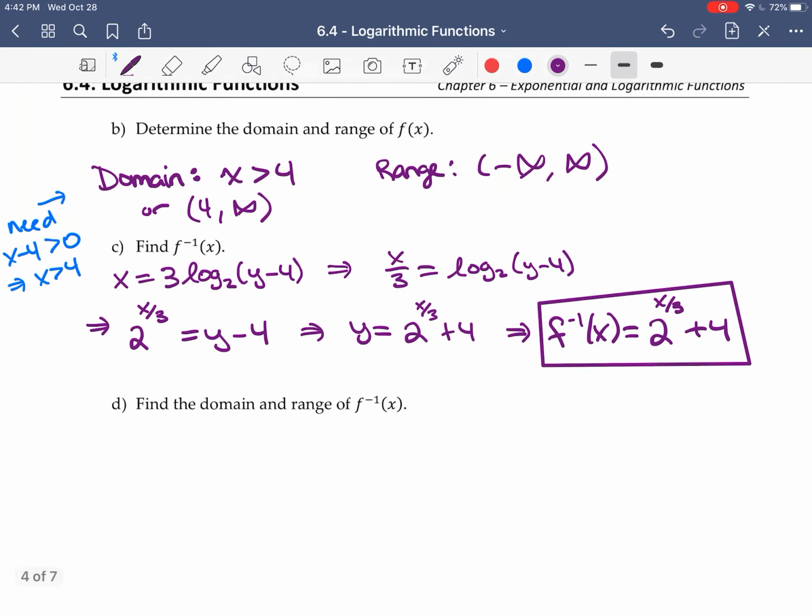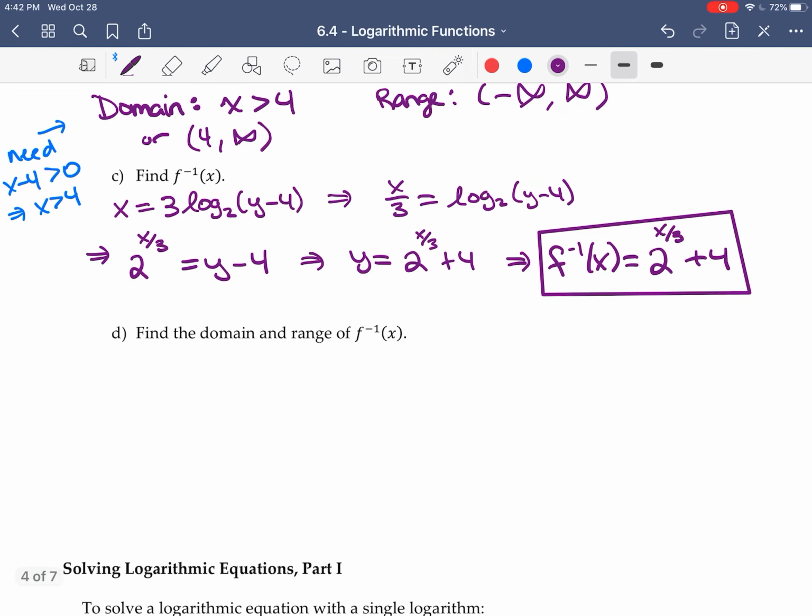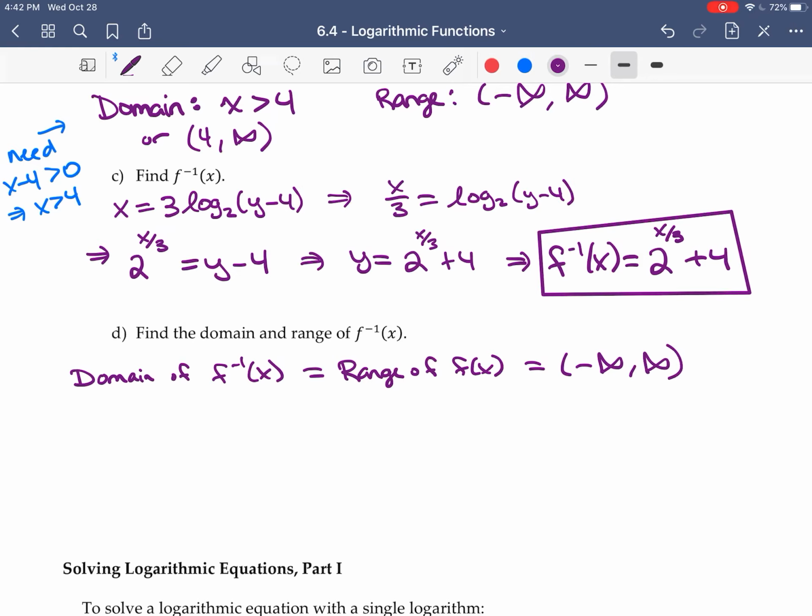Okay, and then the domain and range for the inverse. So the domain of f inverse of x equals the range of f of x, which we already computed to be negative infinity to infinity, so all real numbers. And you can see that from the equation now that we have it, because the exponentials have full domain, and then adding 4, there's nothing bad that can happen there.